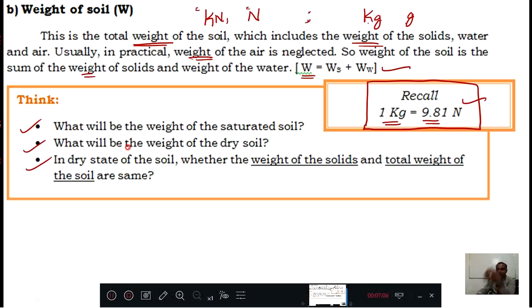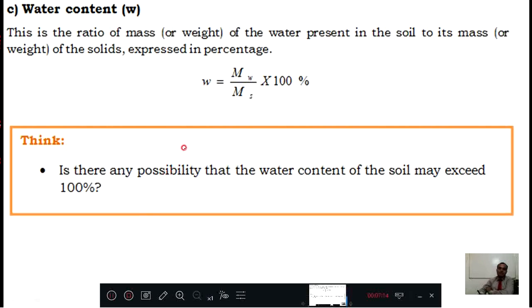Now we come to know in the three-phase system that in weight relations, this is the total weight. Now we will define one more term. Just as we defined void ratio, porosity and all in volume relations, in the same way in masses we will define one term, that is water content.